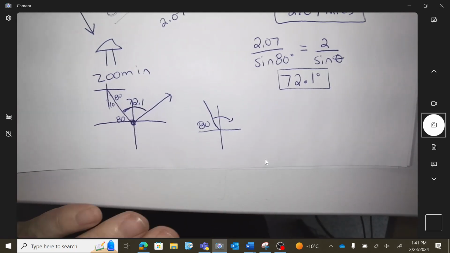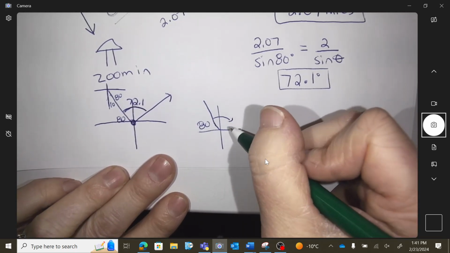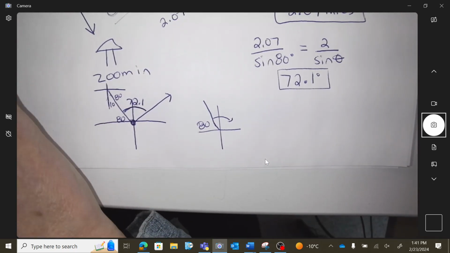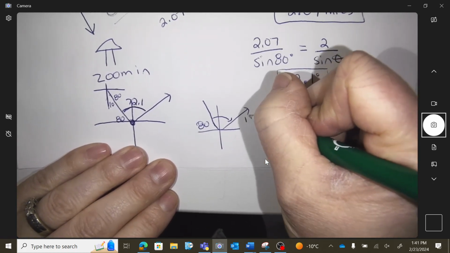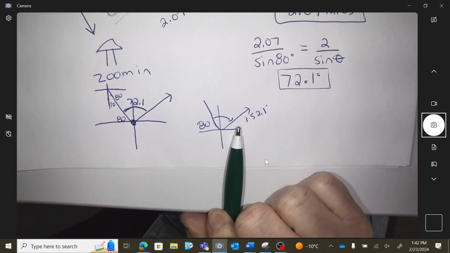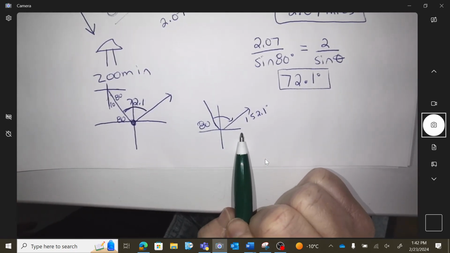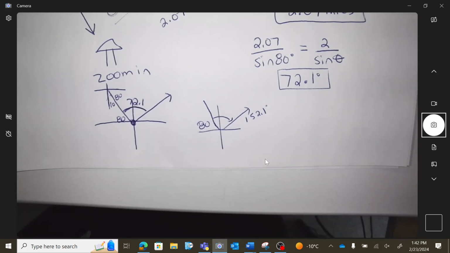So, what do you want to do now? So if I add that, that's 152.1. But really, what do I want to know?